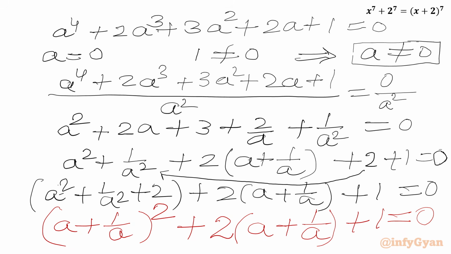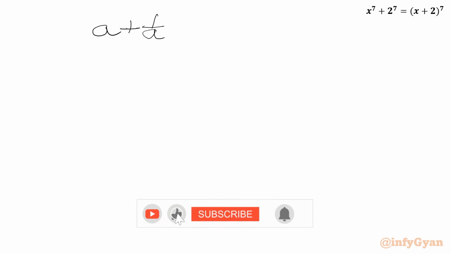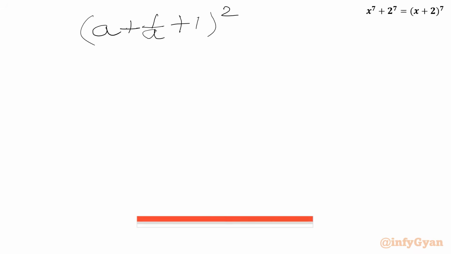Now if I consider a plus 1 over a equal to y, suppose, then it is y square plus 2y plus 1, which is y plus 1 whole square. So we can write our LHS as a plus 1 over a plus 1 whole square equal to 0.